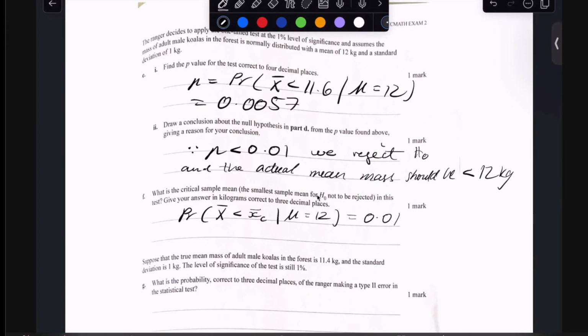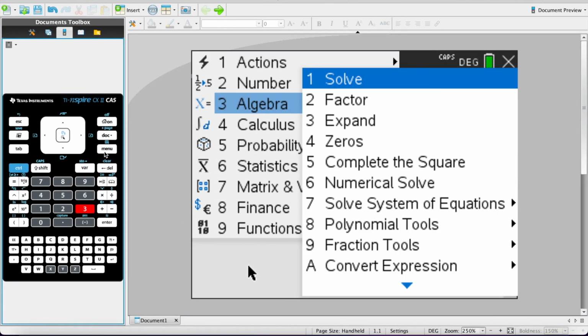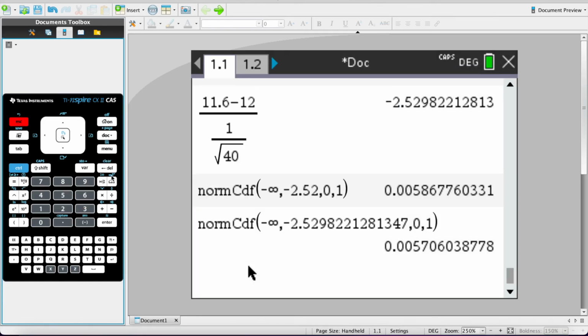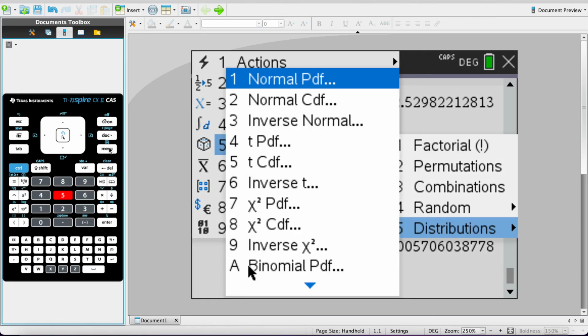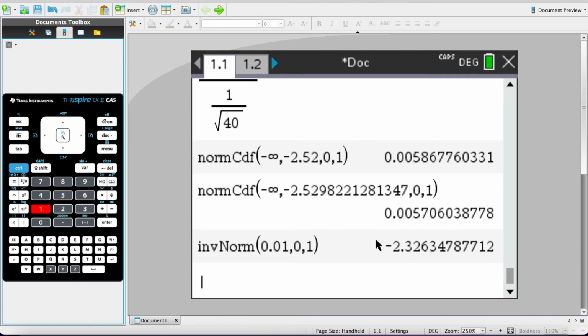Now, first of all, we just do an inverse normal. Menu 5, 5, 3 for inverse normal, and the area you want to be 0.01. That's your z value. And so you can solve for your critical value.